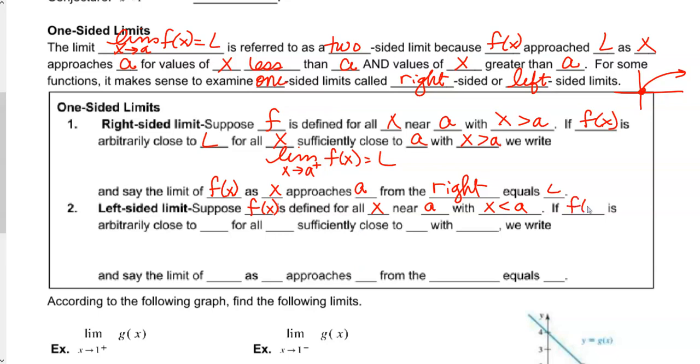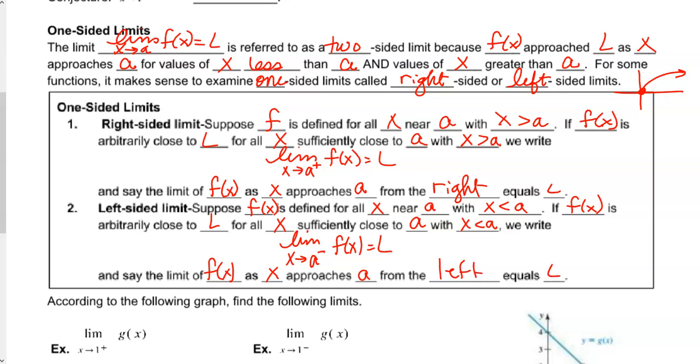Now, if f of x is arbitrarily close to our limit L, for all x that are sufficiently close, very, very close to a, where x is less than a again, then we write the limit as x approaches a from the left. So this time we use a negative, symbolizing that we are to the left of a, of f of x equals L. And again, we say that the limit of f of x as x approaches a from the left equals L.